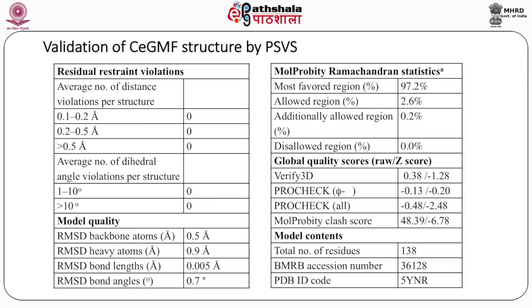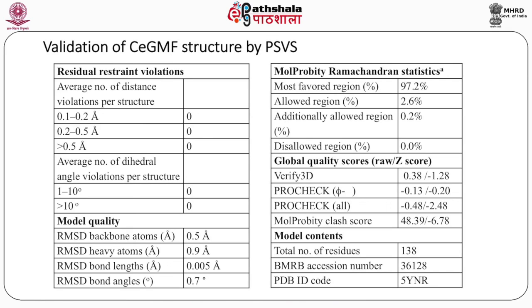So, a good calculated structure should not violate the NOE constraints that one has given, and when the constraints are violated, these are called NOE violations or distance constraint violations. And the dihedral angle violations in the range of 1 to 10 degrees is also 0, and greater than 10 degrees is also 0.